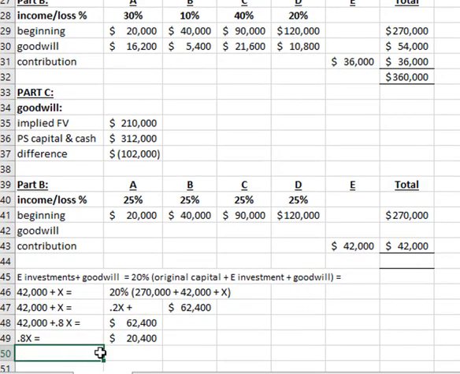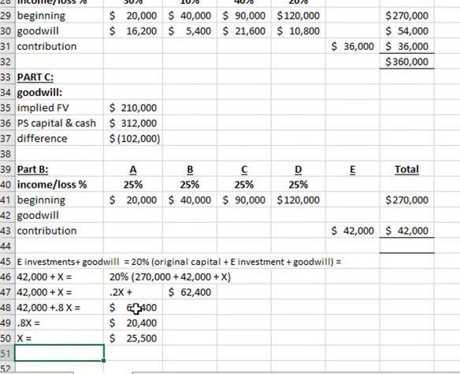And now I divide both sides by the 0.8. So that is the goodwill that we've computed for. So E is going to get that as well as the 42,000 credited.